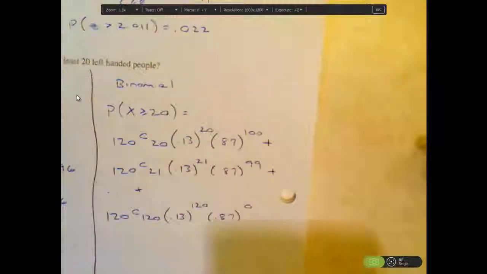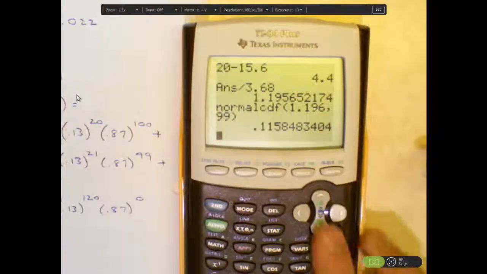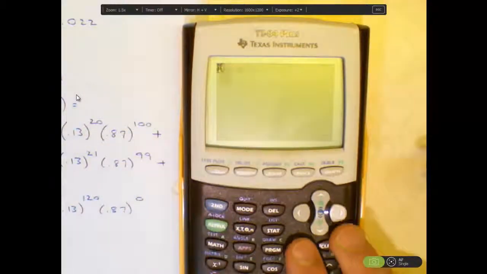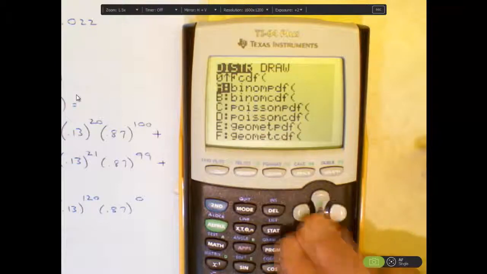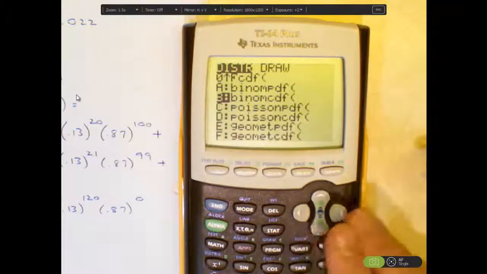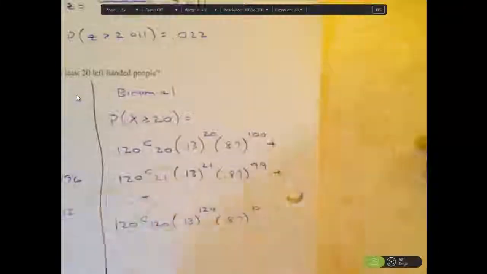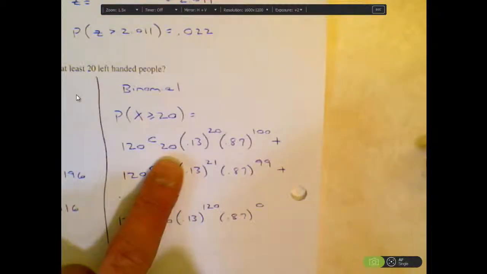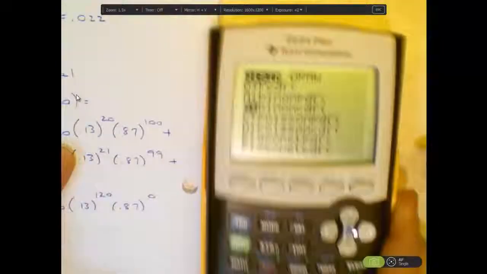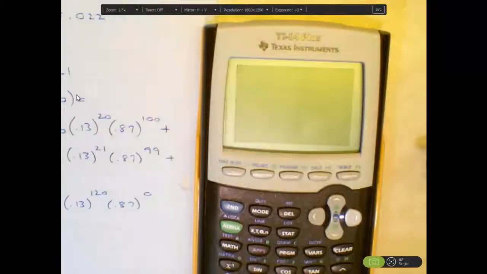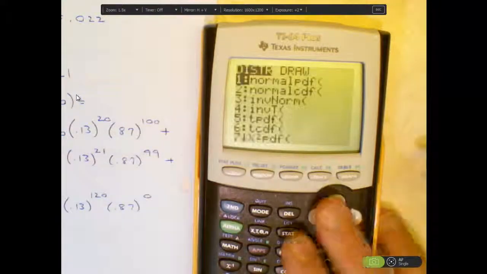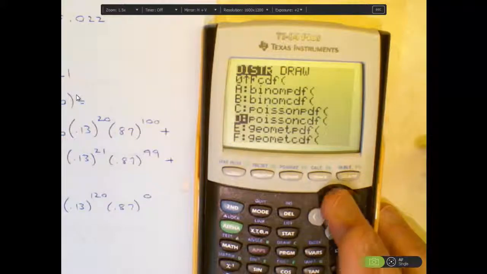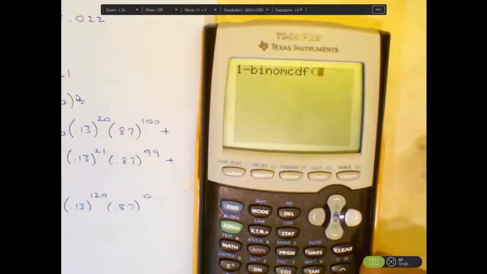So let's talk about the shortcut here on your calculator. All right, so what I want to do is go binomCDF. But wait, I'm starting at 20. Anytime I'm not starting at 0, if you remember back to what we said earlier, I need to do 1 minus. So I'm going 1 minus, go to second distribution, CDF.